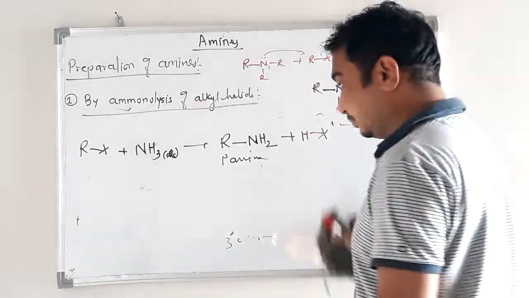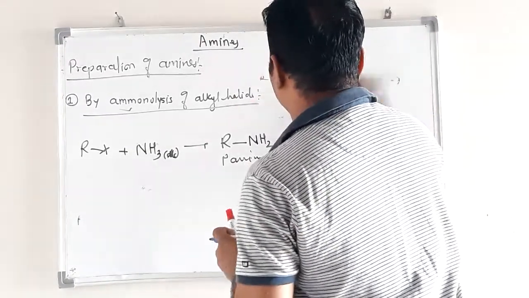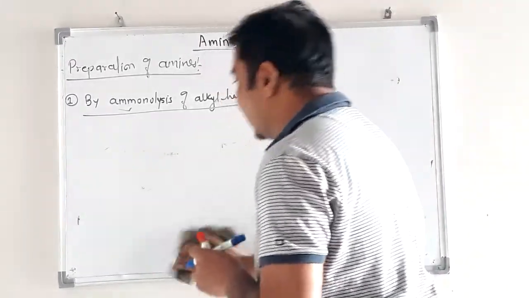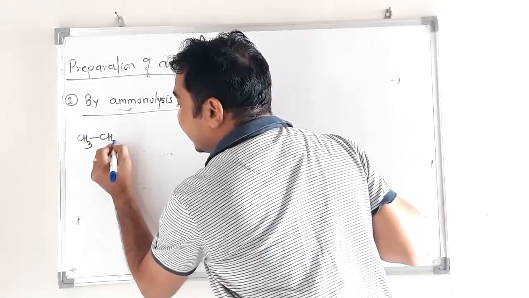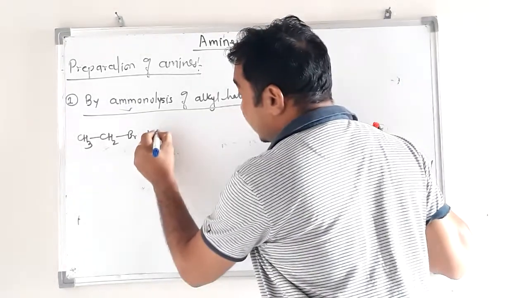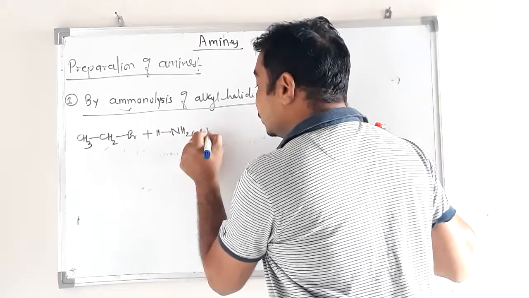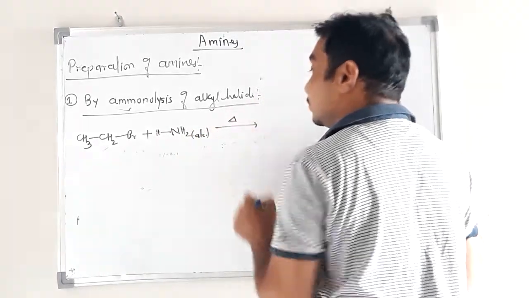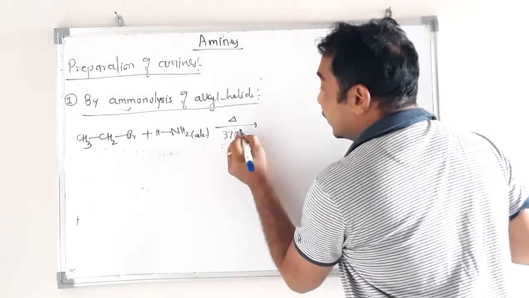For example, we have to start this reaction with an alkyl halide, any alkyl halide we can take. For example, ethyl bromide. React this ethyl bromide with ammonia, NH3 alcoholic solution, then heat in a copper sealed tube at 373 Kelvin temperature.